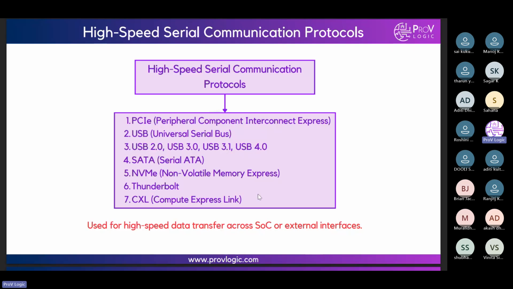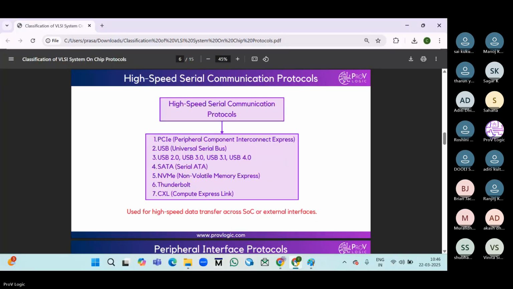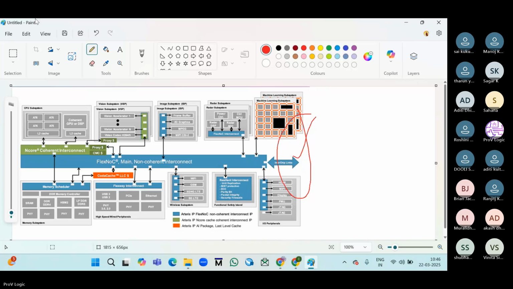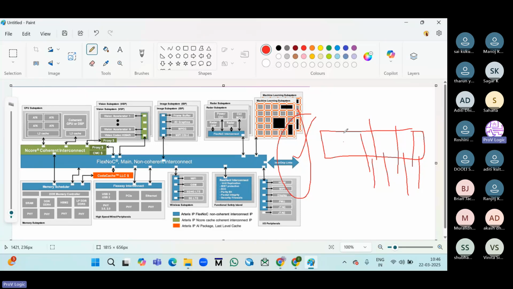If you see the normal I2C protocol, how do we communicate 16-bit data? In serial communication, the 16-bit data is transferred 0th bit, 1st bit, 2nd bit, 3rd bit, 4th bit, 5th bit. We don't have any lanes, a single line, one bit at a time.